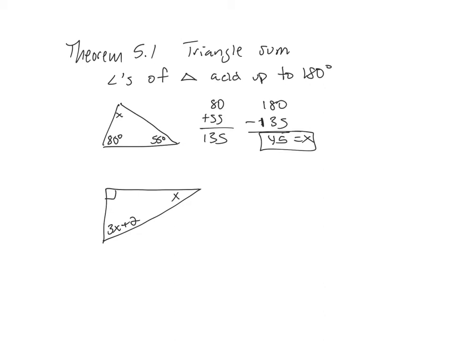So, all three of them add up to 180. X plus 3x plus 2 plus 90 equals 180. So then it's, solve the equation. X and 3x is 4x. 2 and 90 is 92.